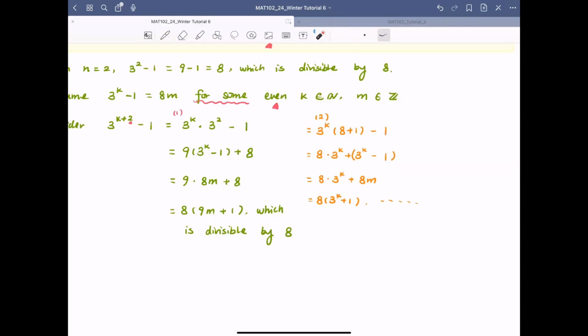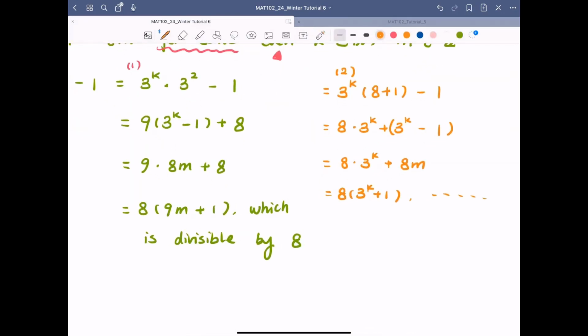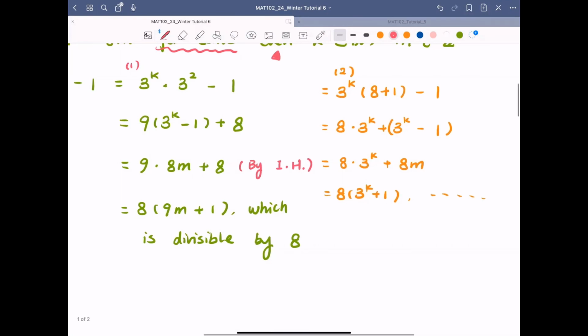Remember I said whenever you use something, you have to cite it. I used something in my proof, but I never mentioned it. What is it? That's correct. I used the inductive hypothesis in this step, so I have to mention it. Here as well, I used that, so I have to mention it.